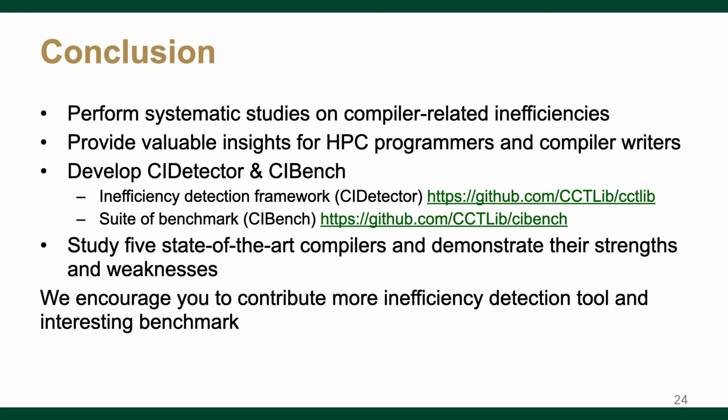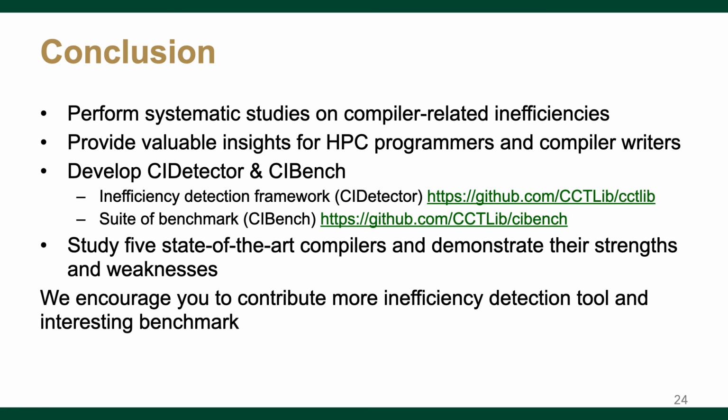And to conclude, we performed systematic studies on compiler-related inefficiencies, and we provide valuable insight for HPC programmers and compiler writers. We developed CIDetector, an inefficiency detection framework, and we also introduced CIBench, a suite of benchmarks.